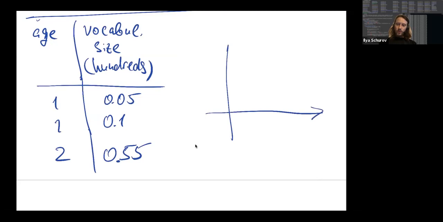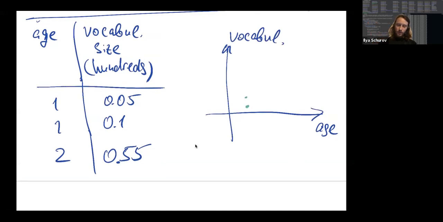What happens with my coefficient k in this case? Now I have a straight line again, but now all these values are decreased by 100 times. What happens with the coefficient?